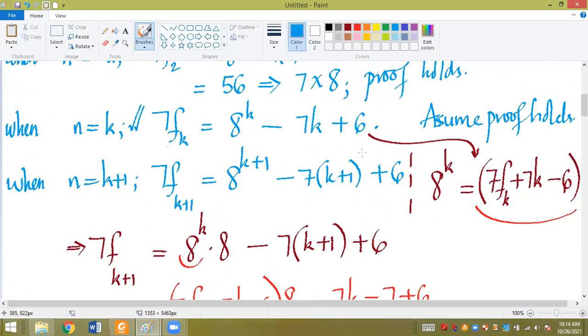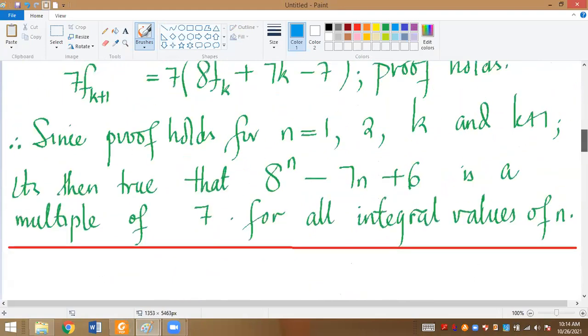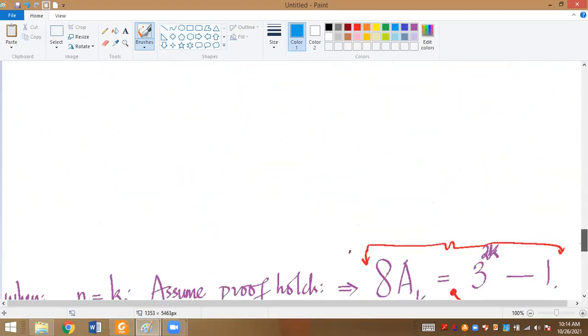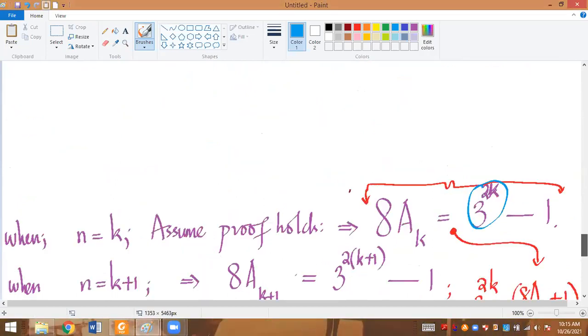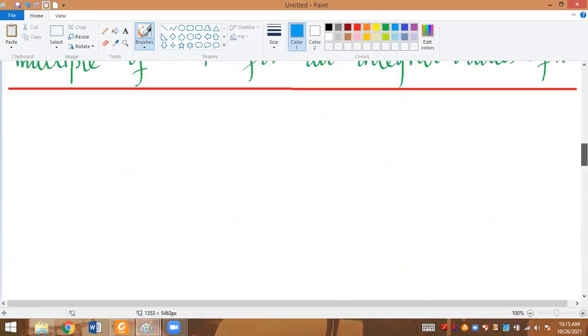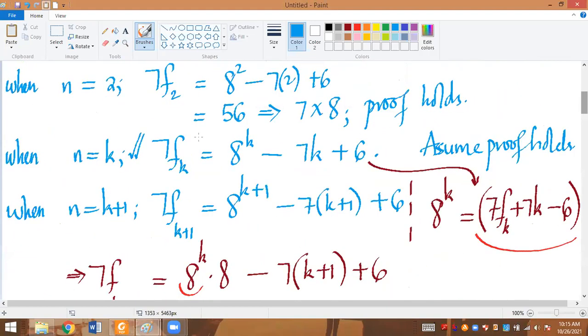In my previous example, I used the index in there, which was 3 power 2k. Look at the index in question at k and make it the subject. To do it easily, I'm giving the shortest path. Even here, the index at k is 8 to the power k.